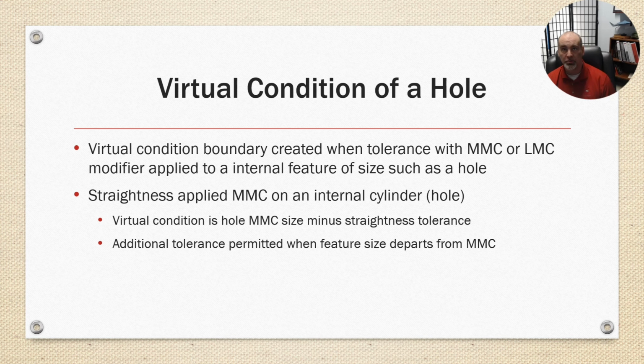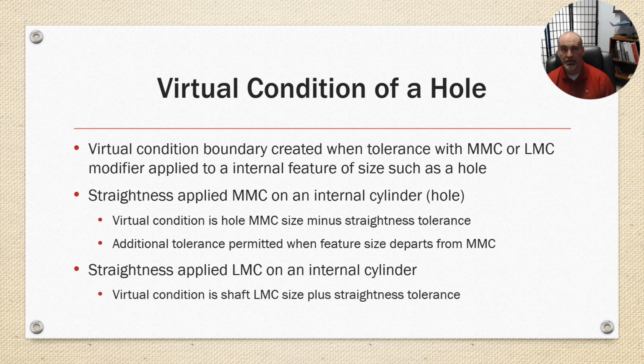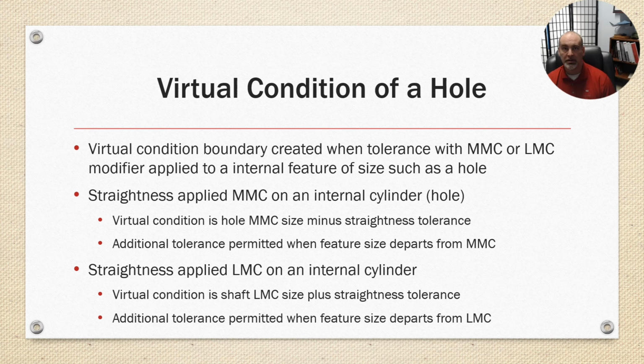Additional tolerance is permitted when the feature size departs from MMC. Straightness applied at LMC on an internal cylinder: the virtual condition is the hole's LMC size plus the straightness tolerance, and additional tolerance is permitted when the feature size departs from LMC.